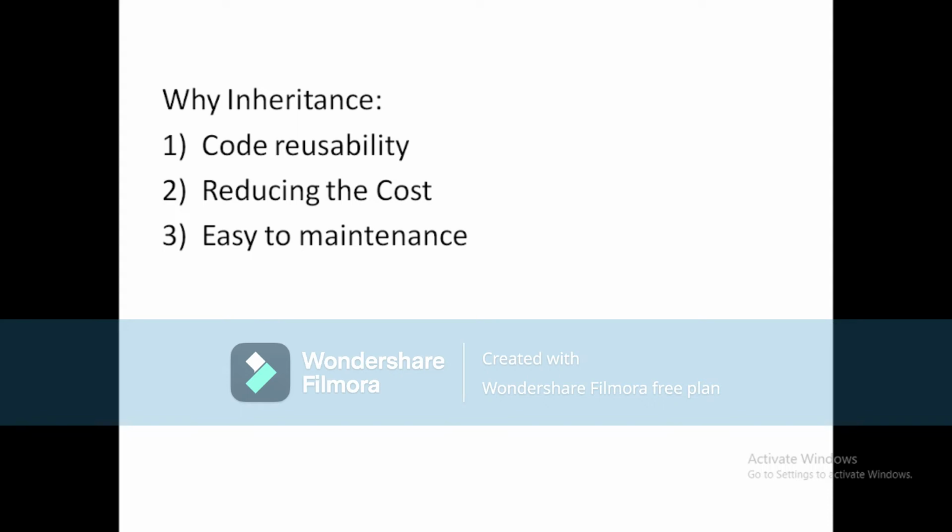Or if I want to remove one property that is not in use, I'll just go and remove the common property from the parent class, and that's it. That will solve my issue, right? So it is easy to maintain. That's it for inheritance.